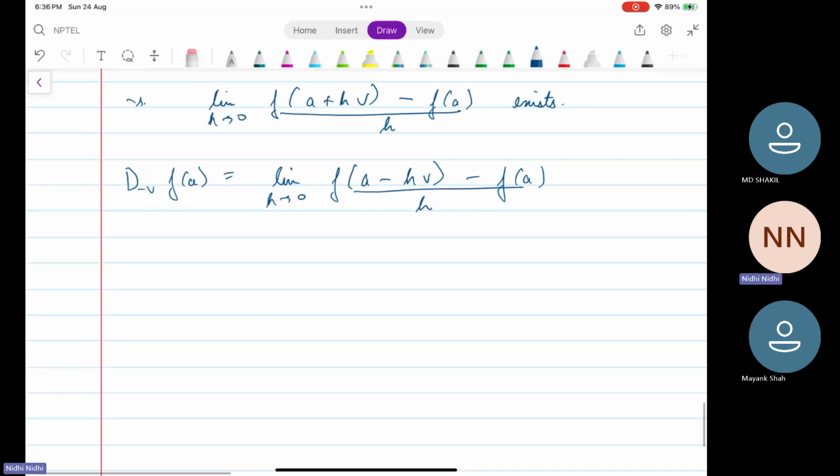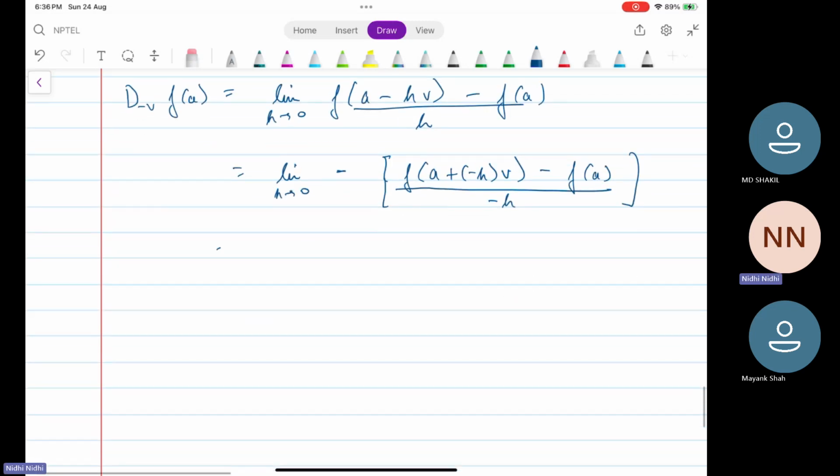So just a little bit of calculation. This is the limit as h tends to 0. I can multiply and divide by minus 1, so I can take this as (f(a + (-h)v) - f(a))/(-h). So I can write it as minus the limit as h tends to 0.